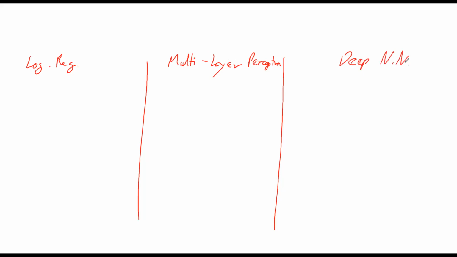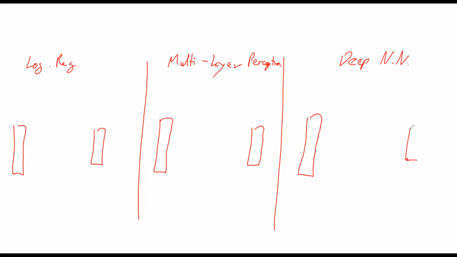The only difference is considering the inputs. They all have inputs and an output. Let's say the input is 3 features and the output is 2. The only difference is that for logistic regression, there are no more layers in between. That's it. We can just create it like that.